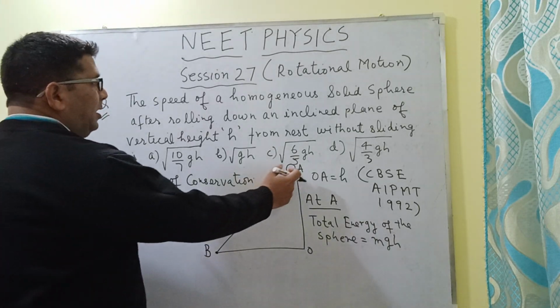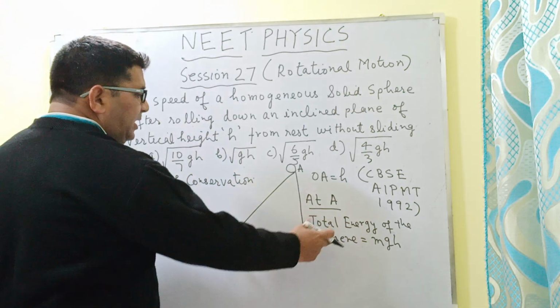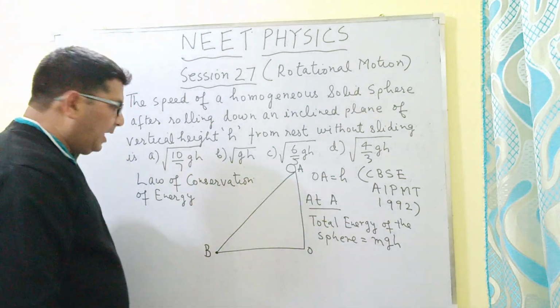So when it rolls down from this point A towards the point B, this energy will get converted into the kinetic energy.